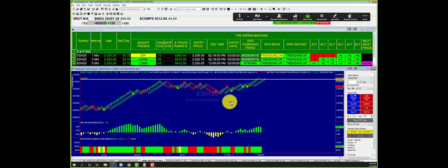I'm going to bring the Renkos back into view. The idea of this is pretty simple. When the green bricks are going up, you do not want to be short. When there are red bricks, you do not want to be long, unless you have so much profit in a trade and you think it's just a pull back or a pull up and the bigger trend is going to continue.